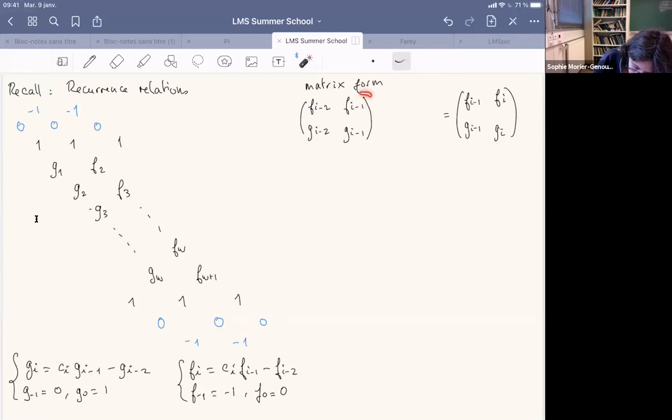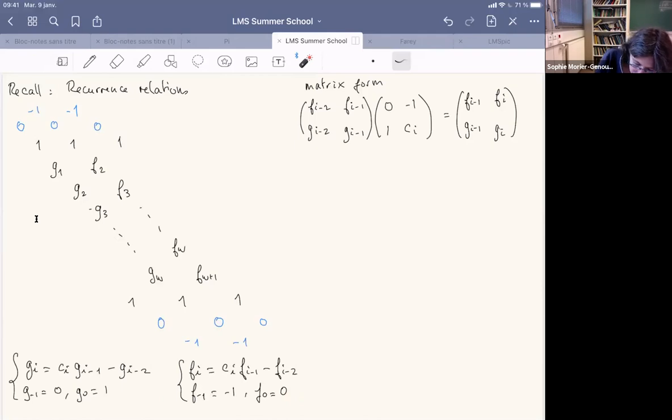So these 2 by 2 matrices are here in the frieze. And what I'm saying is that if I take a window here, I can compute the next window just by multiplying with some well-chosen matrix. And the well-chosen matrix is just the one that we had on the previous slide. This is the way to encode the recurrence relation in matrix form.